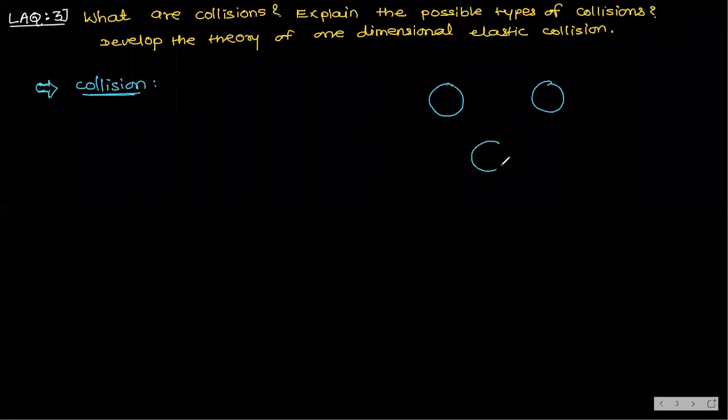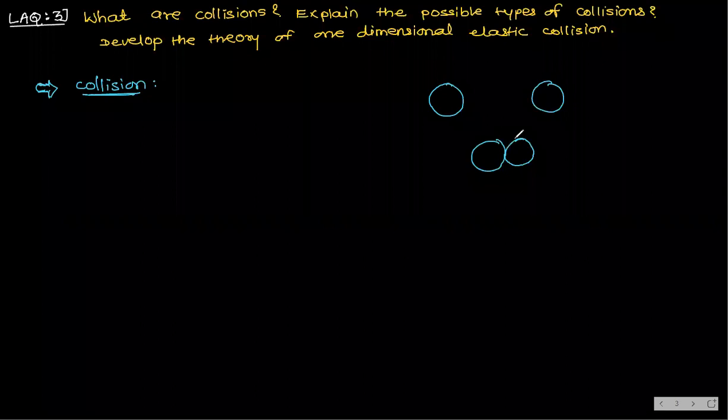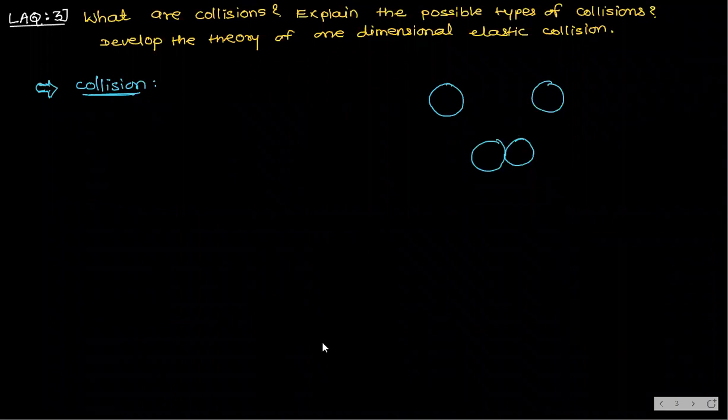They are colliding on one another for a very short interval of time. There is a strong interaction, but that is for a very short interval of time, like an accident. Interaction is there, strong interaction, but for a very short moment of time, right? That is what we can call a collision.